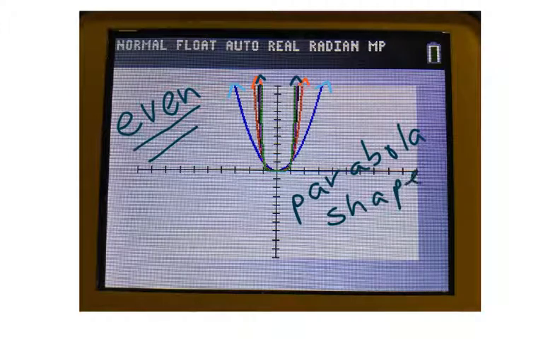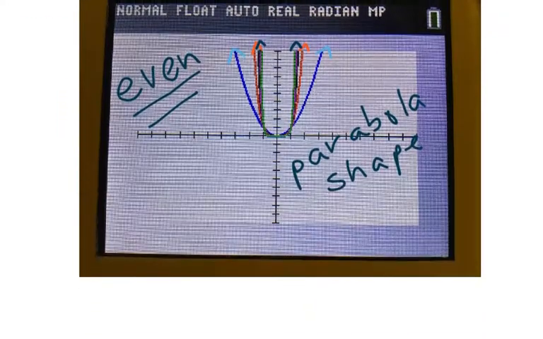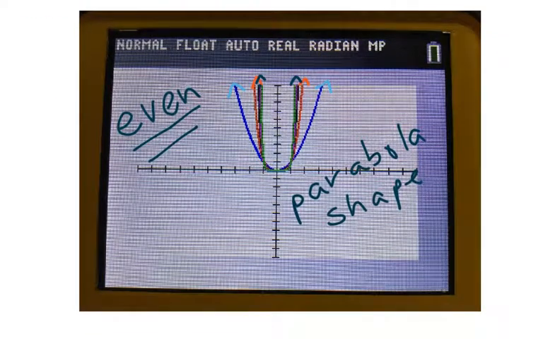Now, what would happen if we went back to our equations in y equals and we put negatives in front of each one of them? Without doing it, what do you think would happen? If you remember from our transformations, all of these are going to reflect over the x-axis.